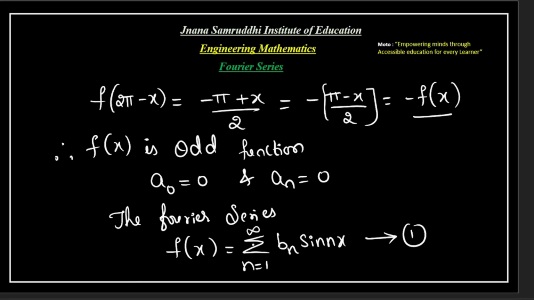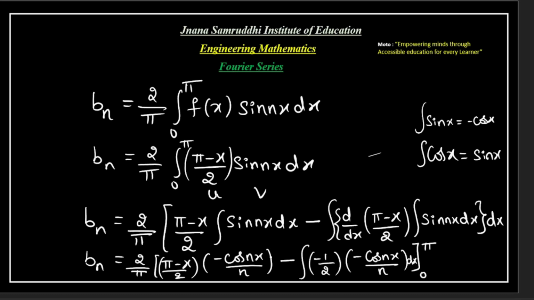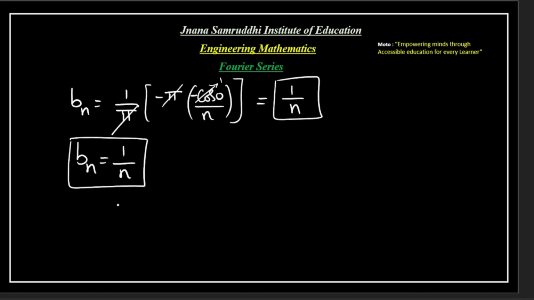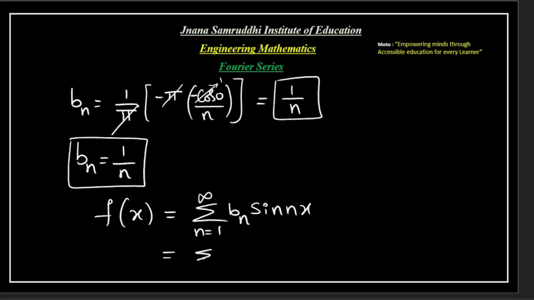The equation 1, the Fourier series, it states that f of x equals summation n equals 1 to infinity Bn sin nx. So we'll write the equation 1, that is f of x equals summation n equals 1 to infinity Bn sin nx. The Bn value will be 1 by n, so sin nx by n. So in the place of f of x, we'll write pi minus x by 2.